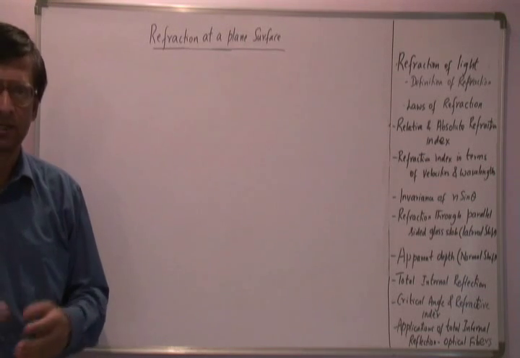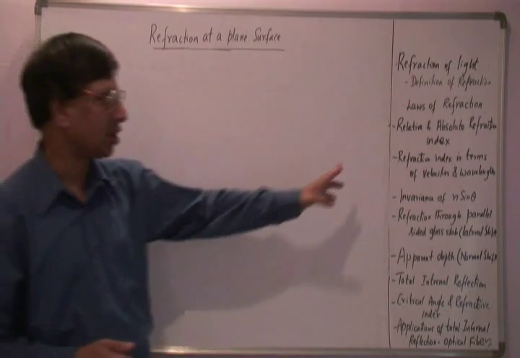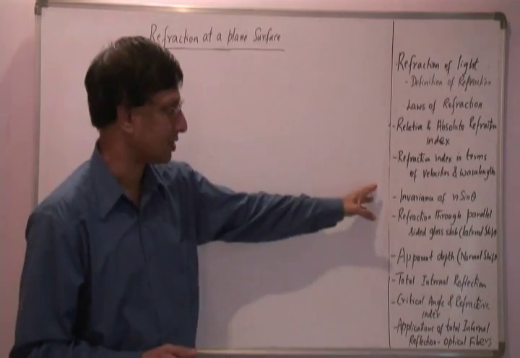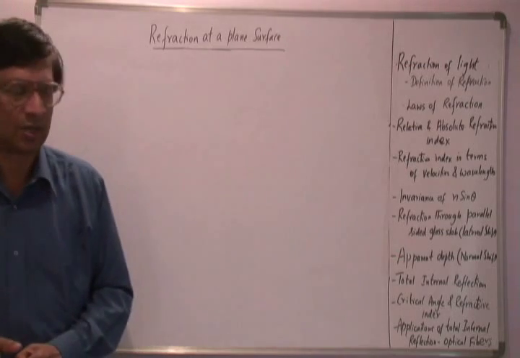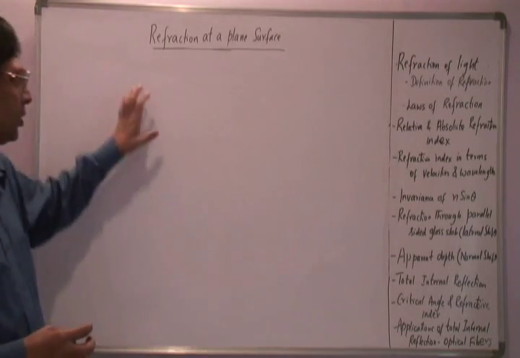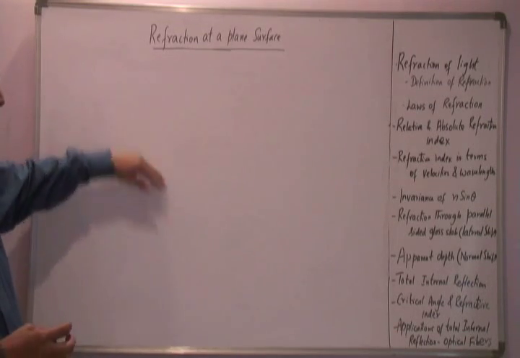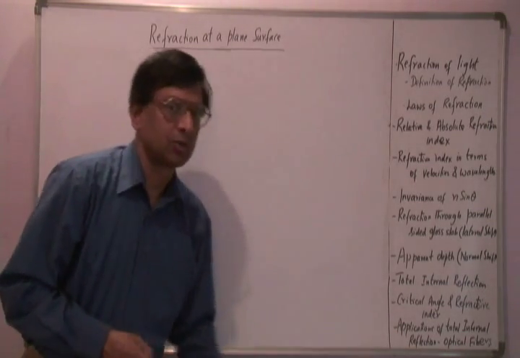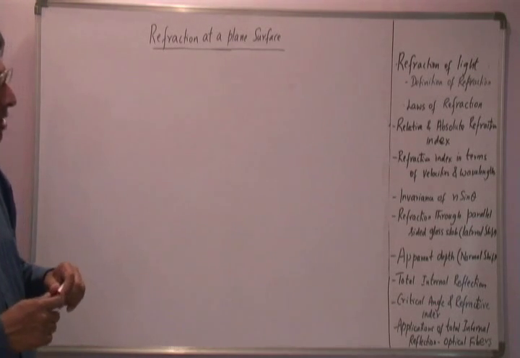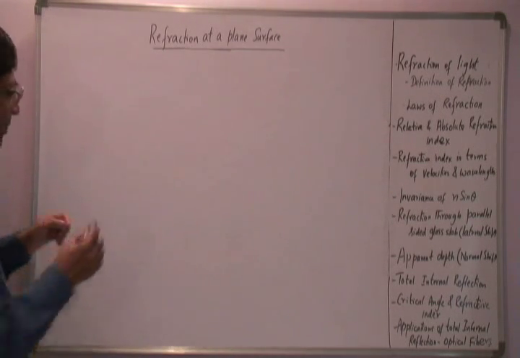For example, quartz. Those materials do not show these characteristics or these functions that we are discussing in this session. So our discussions are restricted only to isotropic materials such as glass. So with this brief introduction, now let us start off with the concept of refraction of light.